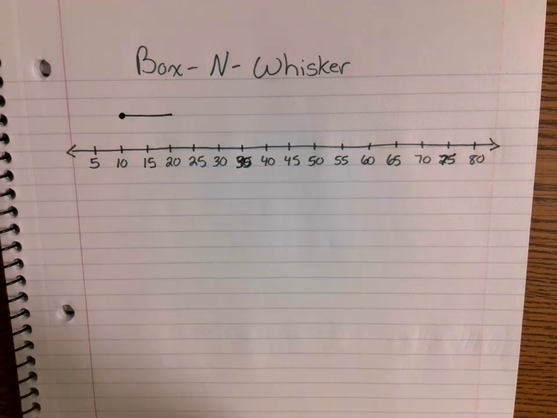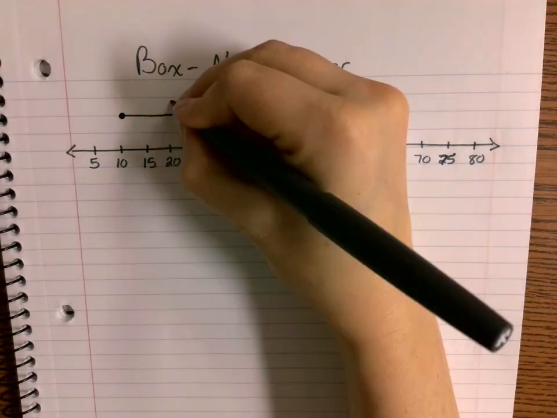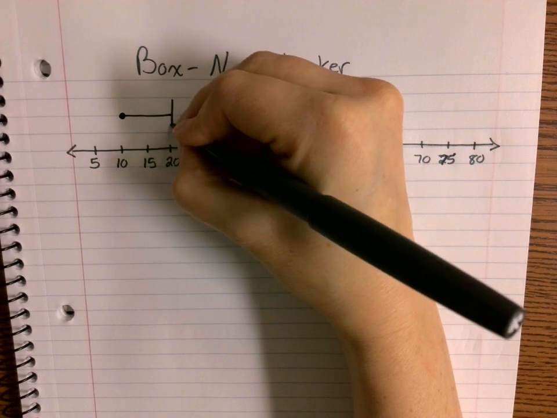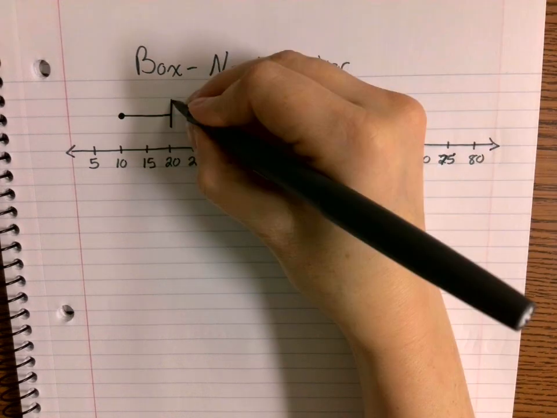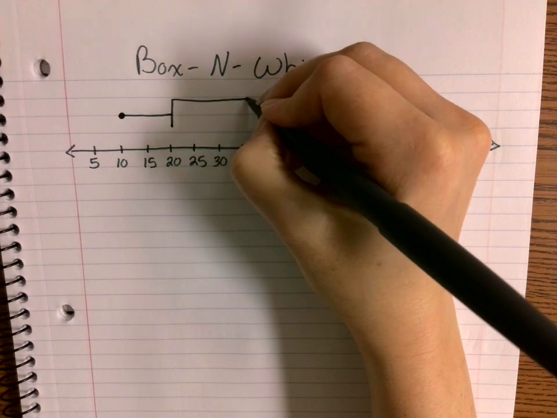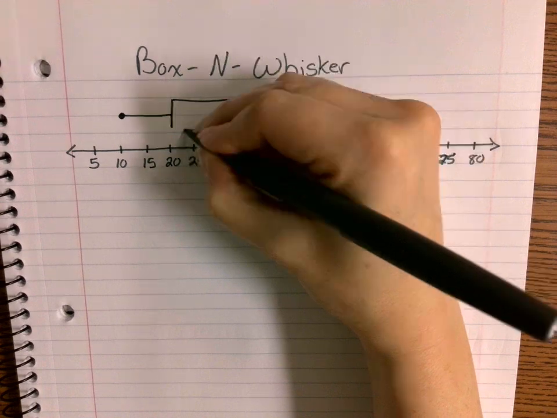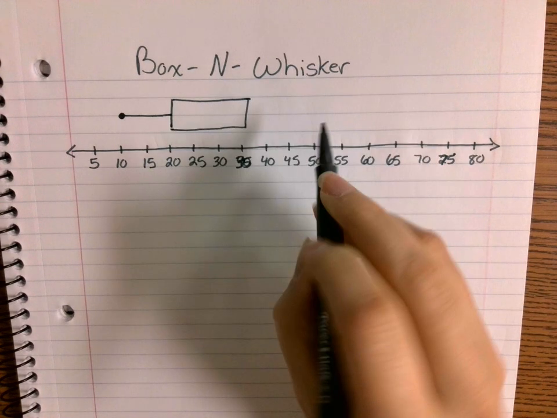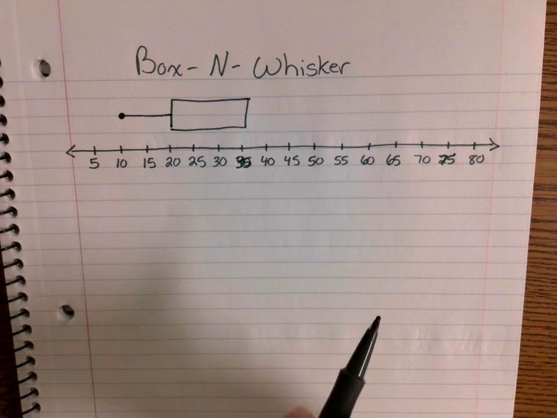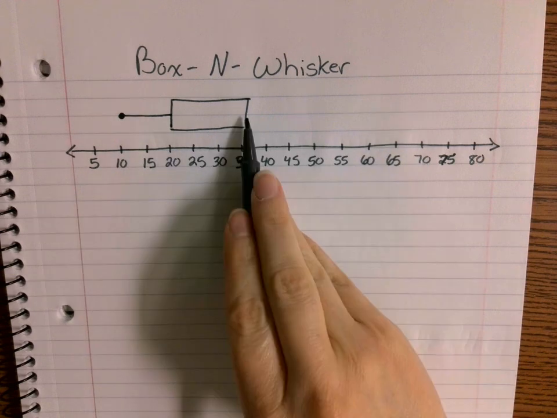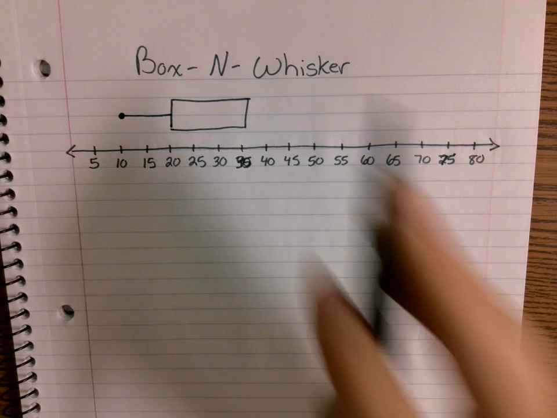And then at the 20, I want you to start a box. And let the box end at the 35. So you have a box that starts at the 20 and it ends at the 35. And then from that box, I want you to extend a line all the way down to the 65 mark.